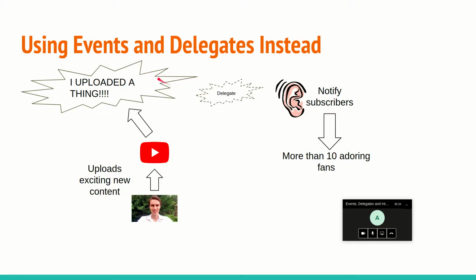It's telling the event, you must shout like this, and it's telling the subscribers, you must listen for this. When the event shouts, it's going to sound like this. So the delegate is like a mediator between the two parties, making sure that the event shouts in a certain way and that all the subscribers know what to listen for.